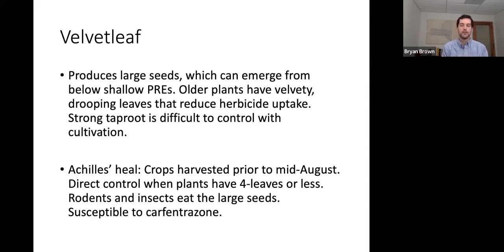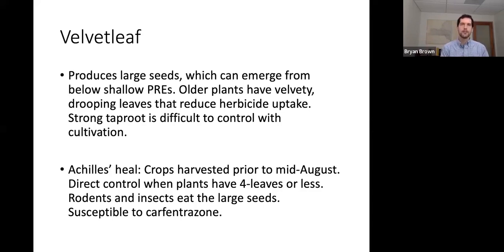But you do have winter grains, which can be harvested before that. Mid-August is when it starts to put on seeds. It's not like Galinsoga that produces seeds continuously. Velvetleaf produces seeds at the very end of the season. So if you can control it before that, or even harvest before that, that's great.